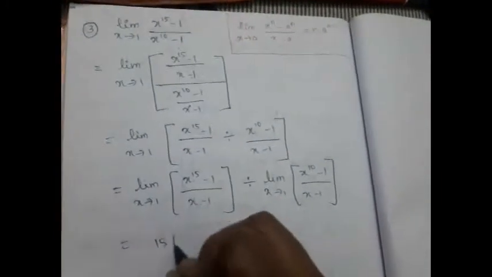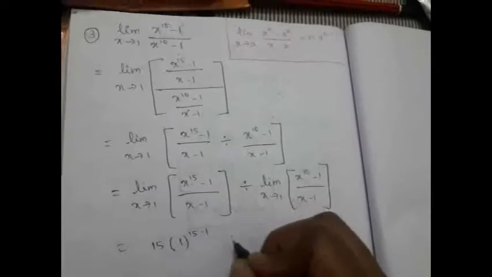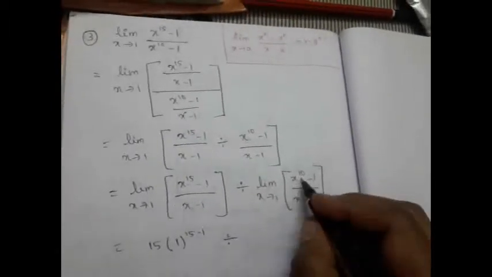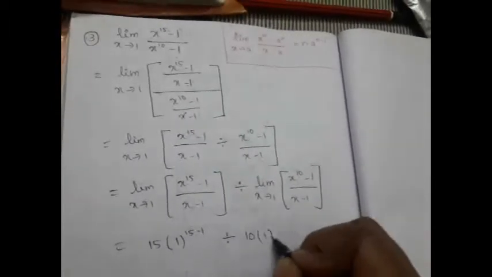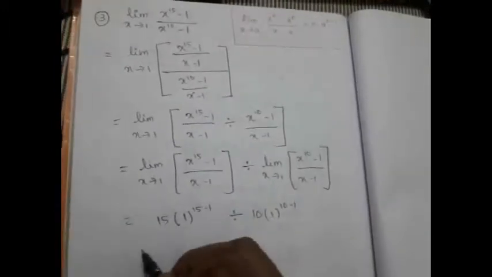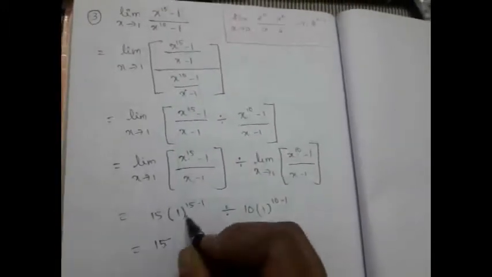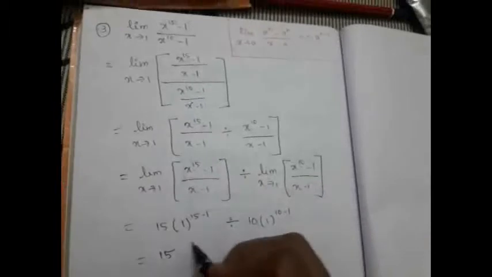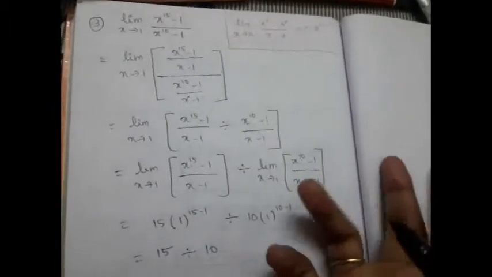So 15 into a power, a is 1, 1 power 15 minus 1, divided by, the same way here n is 10, 10 into 1 power 10 minus 1. Right? So 15 into 1 power anything is going to be 15 only, divided by 10 into 1 power 10 minus 1, 9, which is going to be 1 only. Now what is 15 divided by 10? 5 tables, 5 3s are, 5 2s are.